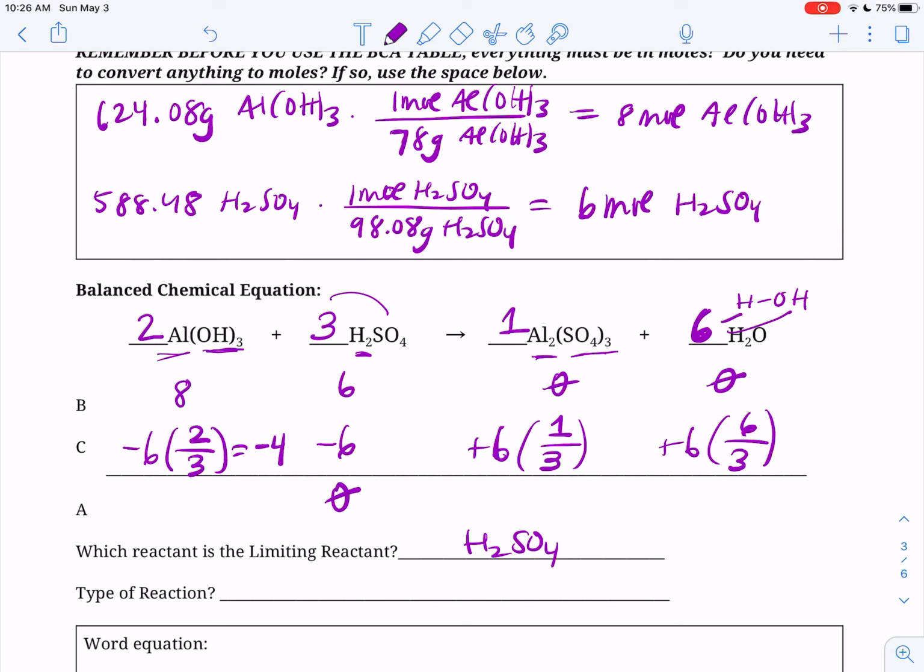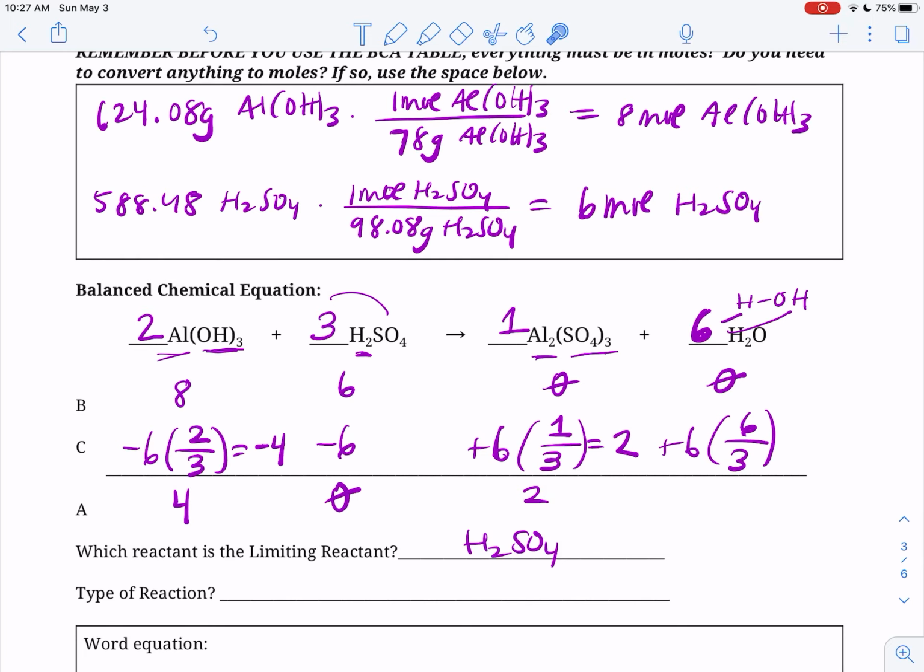All right, 8 minus 4 means I'm going to have 4 moles of aluminum hydroxide left over. All right, 6 times 1/3 is 2. So that means I'm going to have 2 moles of aluminum sulfate, right? Half as much, see, because here 2 became 1, right?